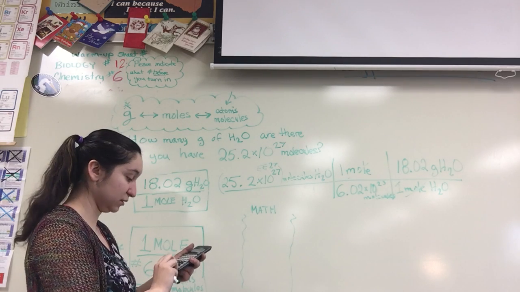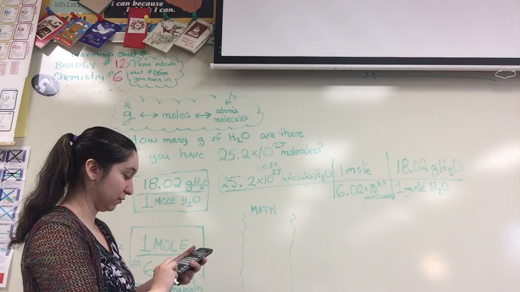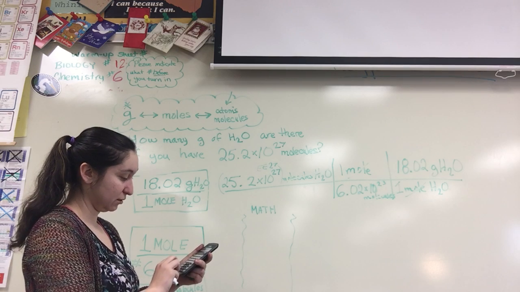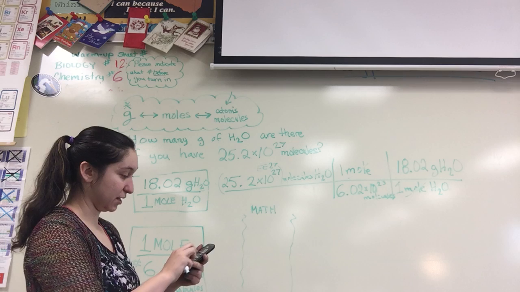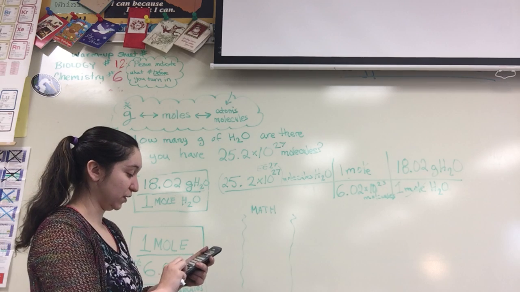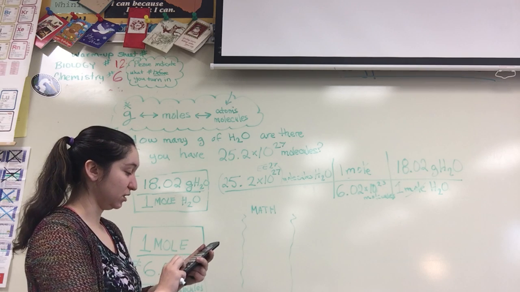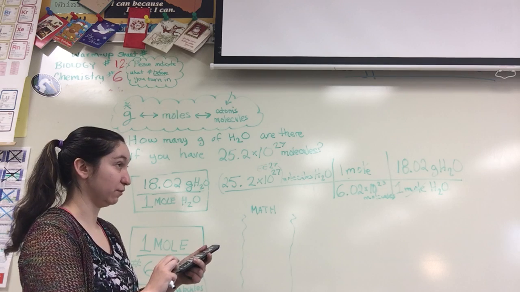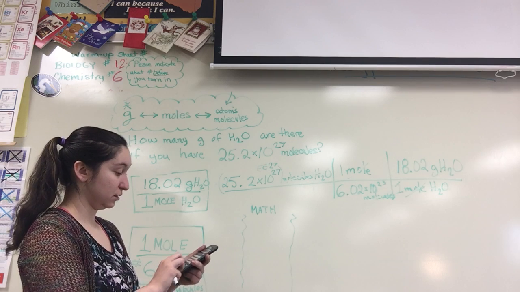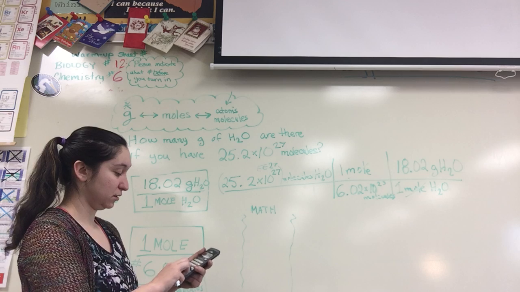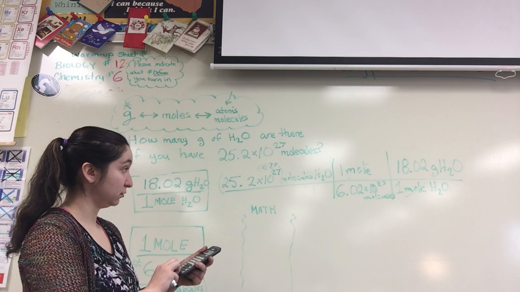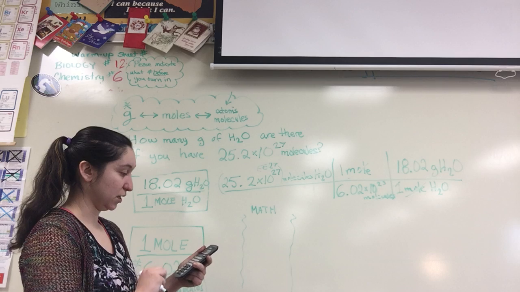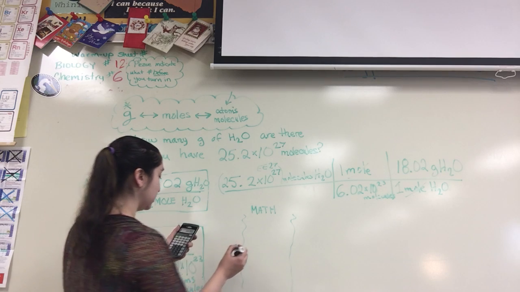So parentheses, 25.2 EE 27, close my parentheses, times 18.02. Okay. And you should get this number right here.